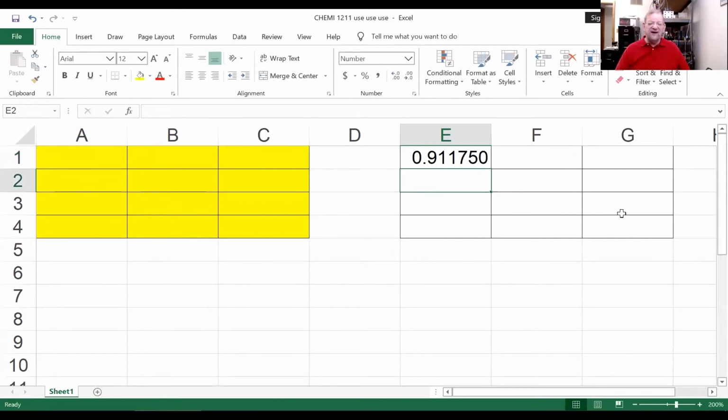And that's the number I get. And I'll let you round that off to 3 significant figures. I'll give you 3 seconds. 1, 2, 2.5, 3. And hopefully you all got 0.912. And that's the answer.